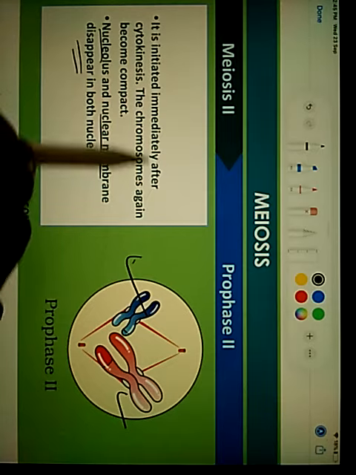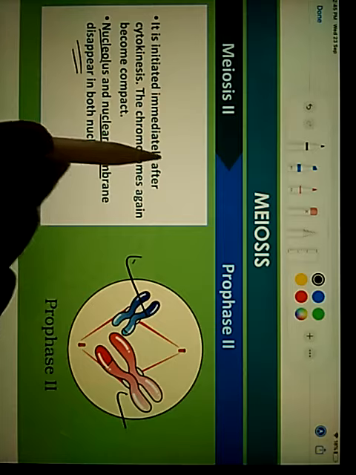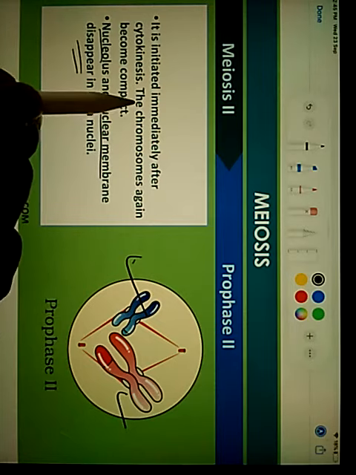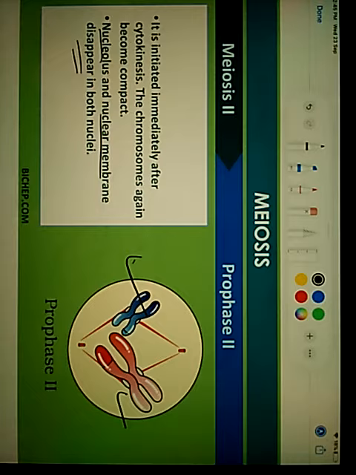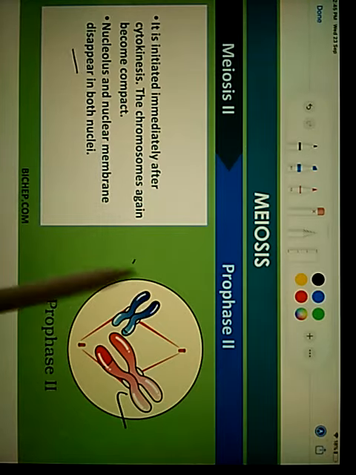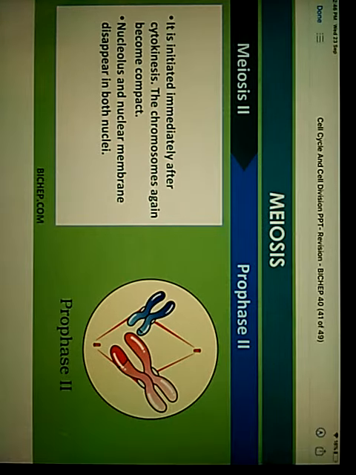It is initiated immediately after cytokinesis of meiosis I, and the chromosomes again become compact and are arranged nearby, but no condensation of chromosomes is seen during prophase II. So it is very similar, except for condensation, which is already there and does not have to happen here. Ready? So please take the screenshot.